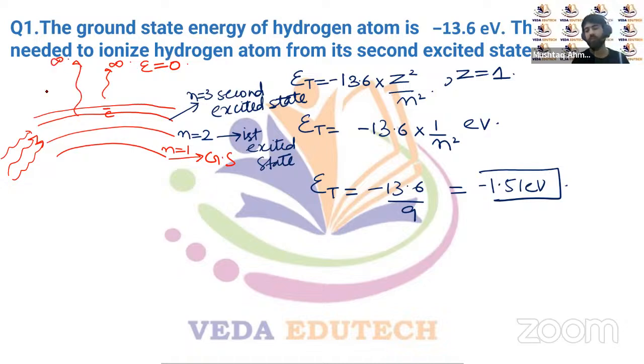So if we supply an energy of 1.51 electron volts to this electron, then it will jump from the second excited state to infinity. Or we can say that we have ionized the hydrogen atom from the second excited state. The energy required will be plus 1.51 electron volts, right?